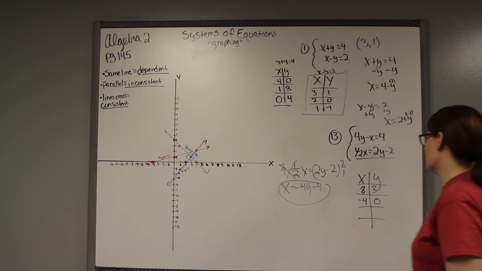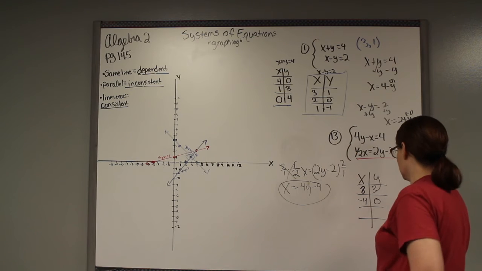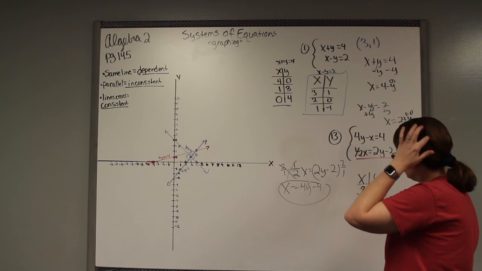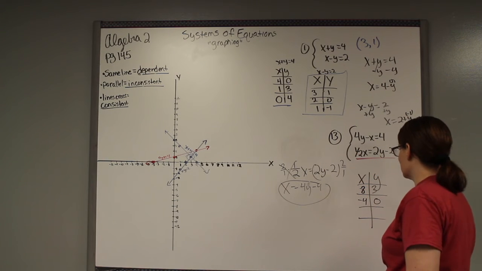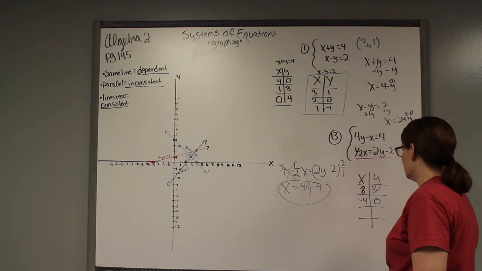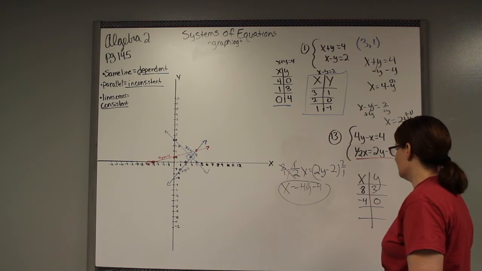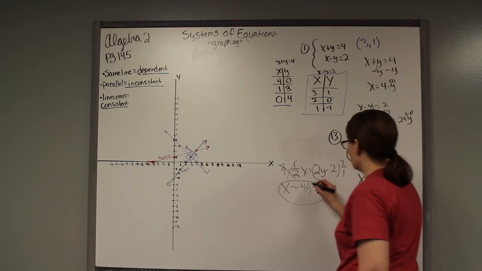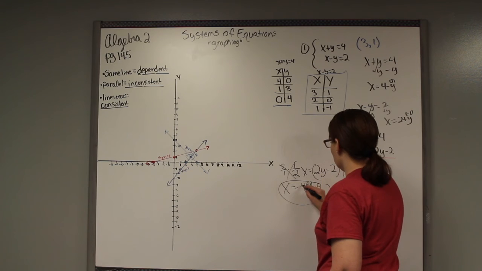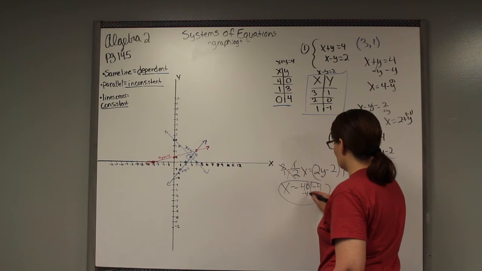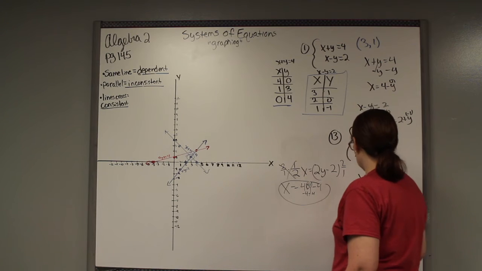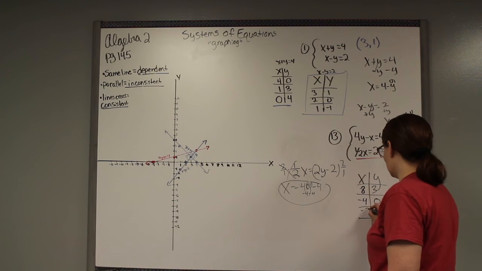And then let's put in, I don't want to go too big because my graph's not that big. So I'm trying to think. I guess we'll put a negative 1 in there. 4 times negative 1 is negative 4. Minus 4 would be a negative 8. So if this is negative 1, this is negative 8.